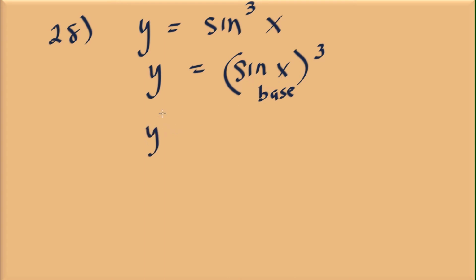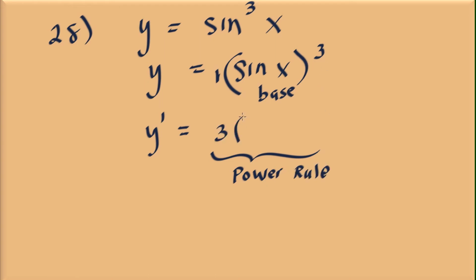So this is a very clear chain rule example. So what we do is we're going to use the initial step, which is power rule. So let's say 3 times 1 is 3. Copy that same base, sine x, raised to the second power. So that's actually power rule.